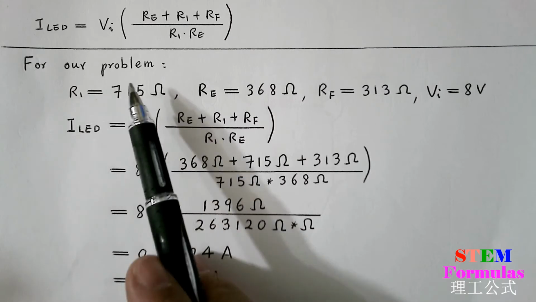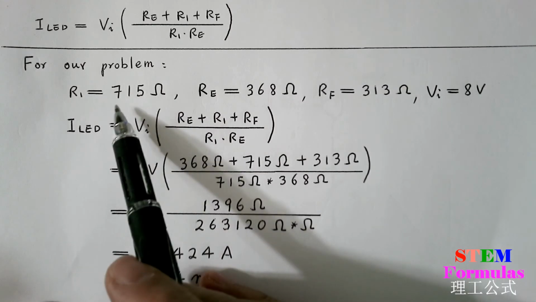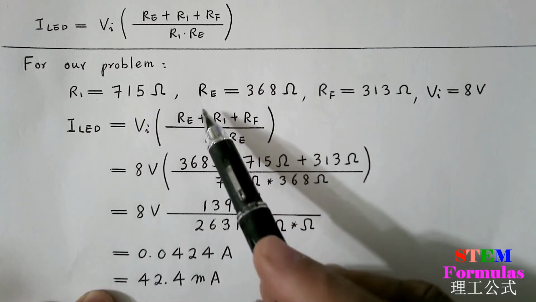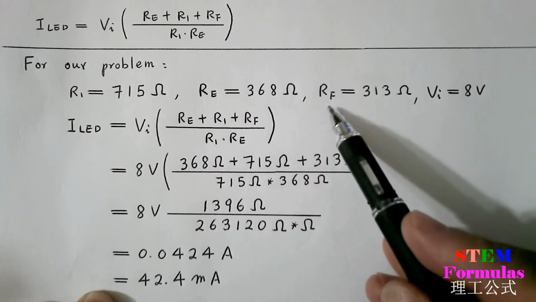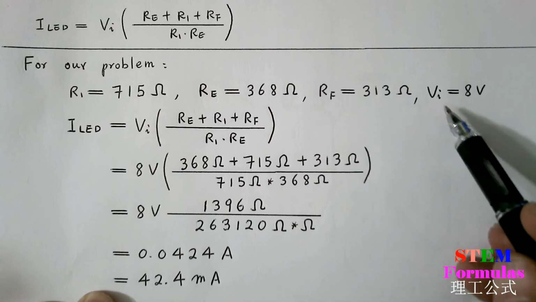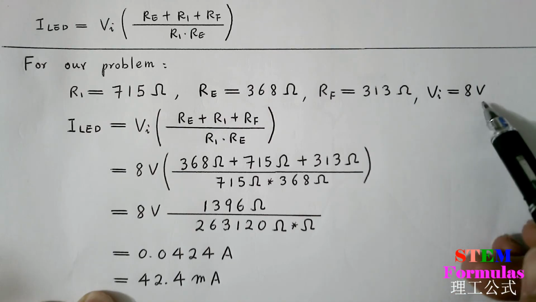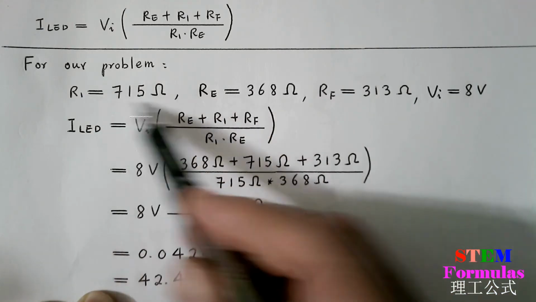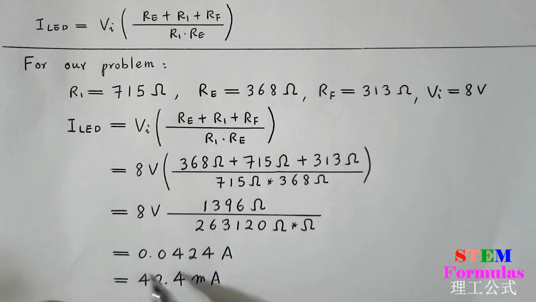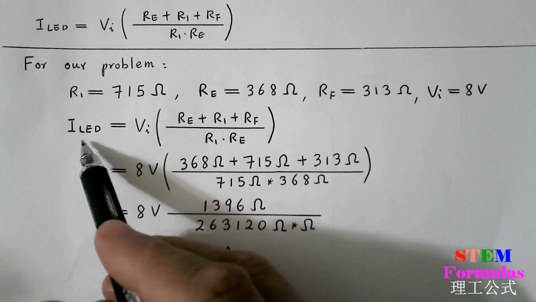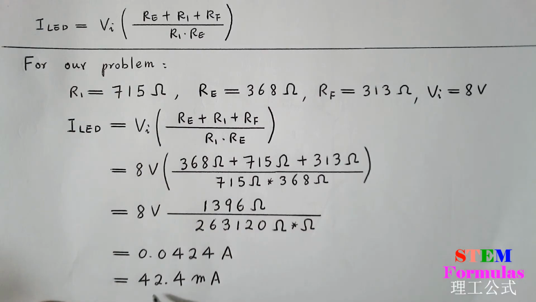For our problem, R1 equals 715 ohm, RE equals 368 ohm, RF equals 330 ohm, VI equals 8 volts. Substituting all these values into this equation, we finally get I LED equal to 42.4 milliamp.